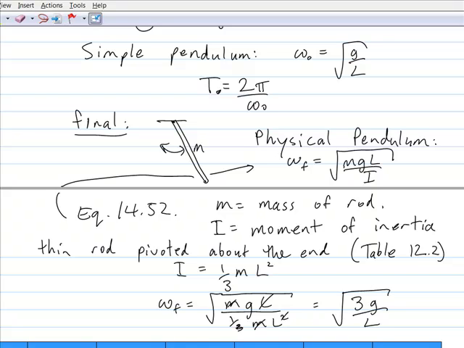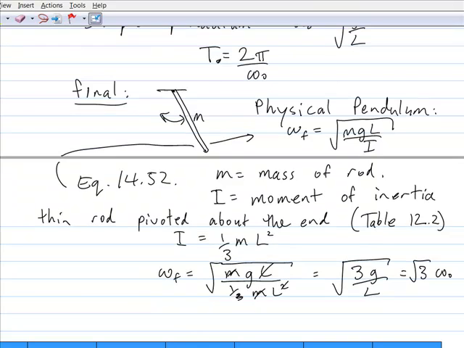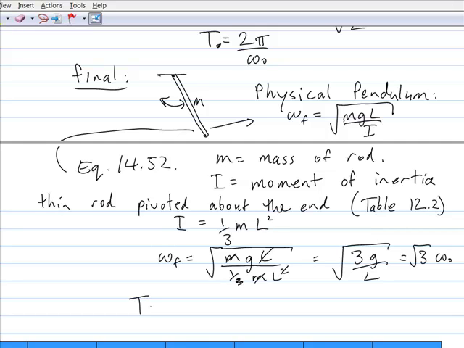Okay. And if you compare that back with our equation near the top of the screen for omega naught, or the original omega, this is equal to the square root of 3 times it. So I guess now we can just find what the final period is. It's 2 pi over this changed omega.